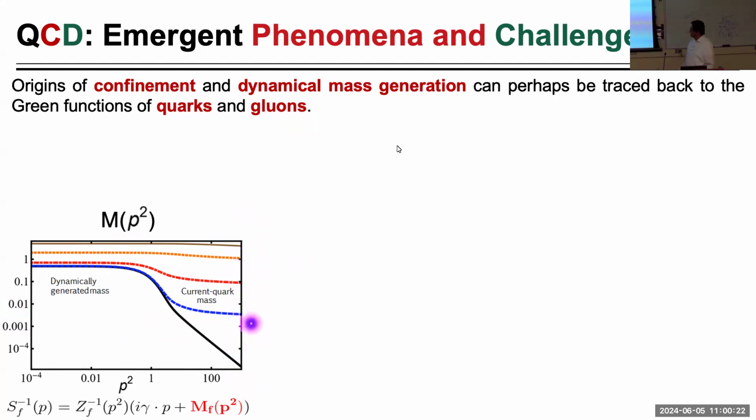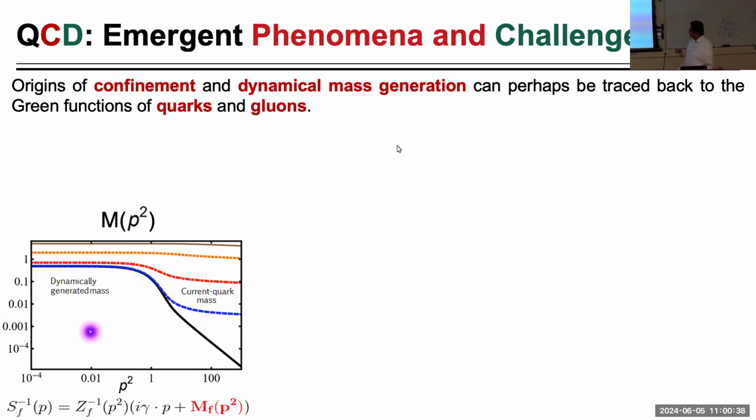What I want to just say at this moment is this blue curve corresponds to the up and down quarks, in this large momentum region where you basically have perturbation theory valid.